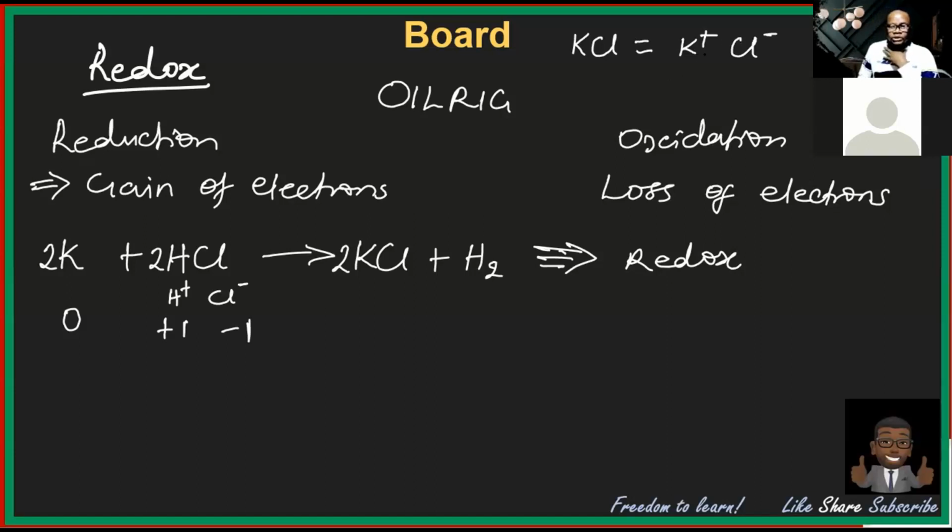These are the ions that came together by electrostatic force of attraction to form the ionic compound potassium chloride. That tells us that here, potassium carries a charge of +1. The chloride carries a charge of -1.